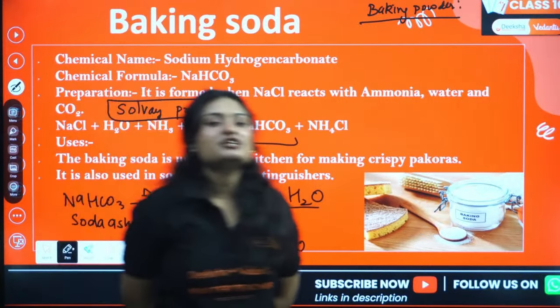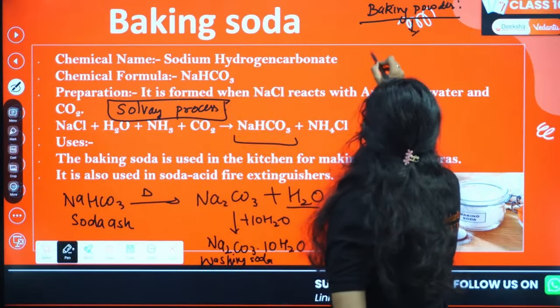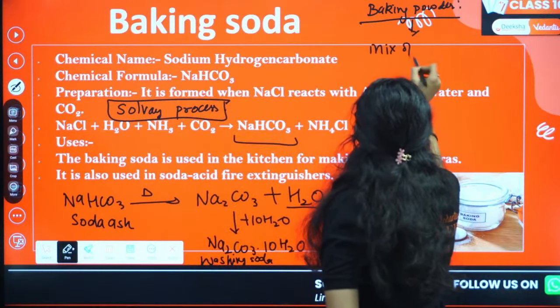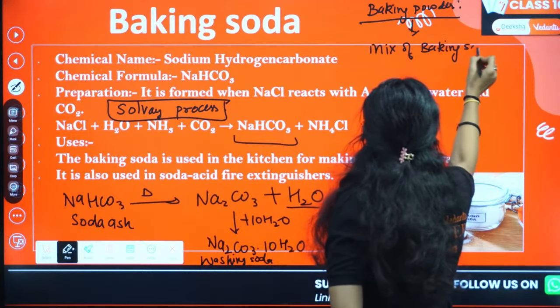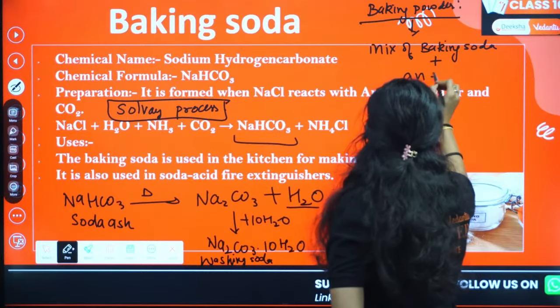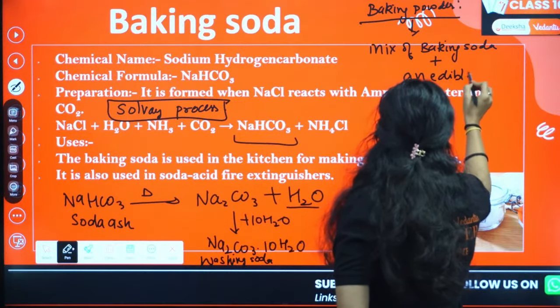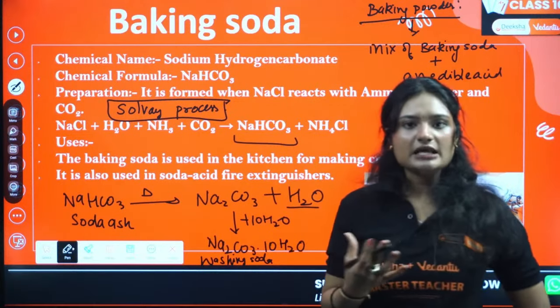Baking powder is a mixture of baking soda and an edible acid. What can that be? Any edible acid.